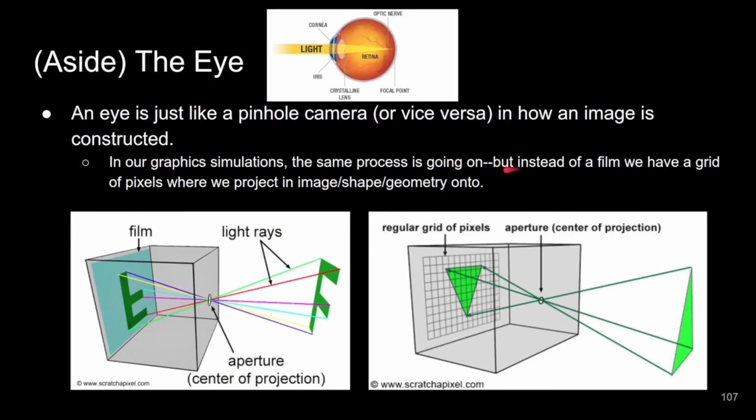And the eye does work essentially like a pinhole camera. So let's take a look at this image here. If you've ever done a pinhole camera, if we think about this as the screen and actually seeing the shape, it does get inverted when light comes in and is projected in the opposite direction.